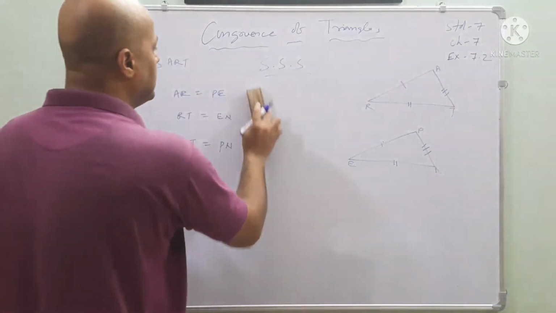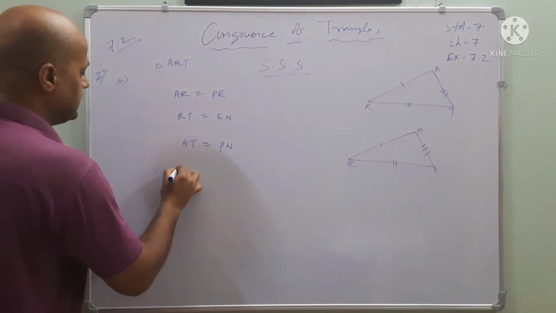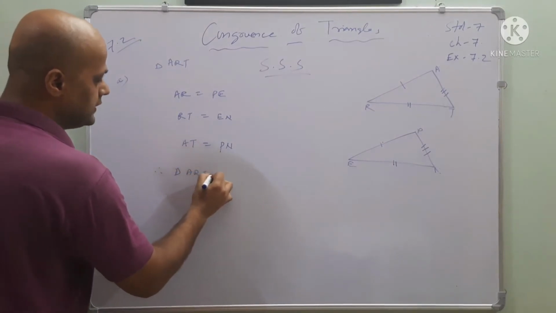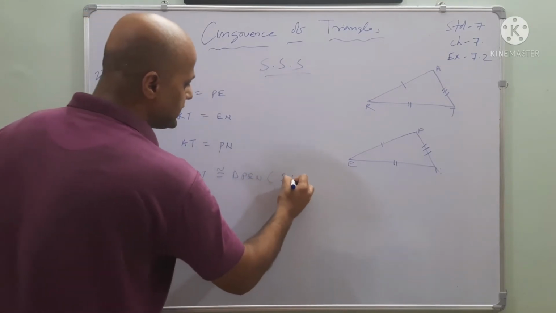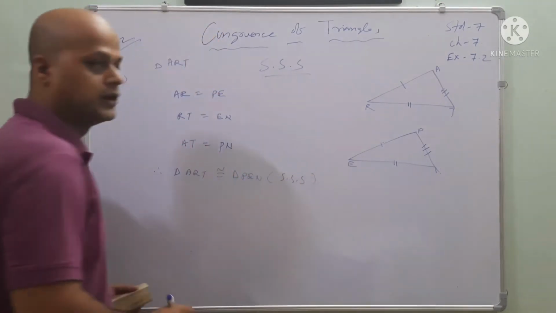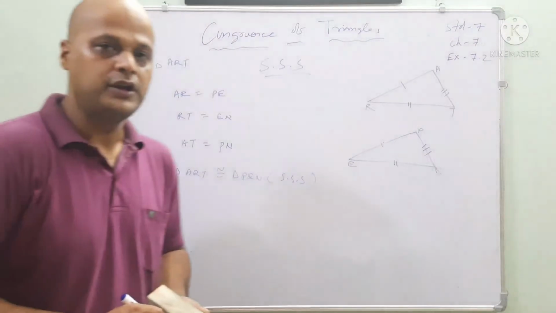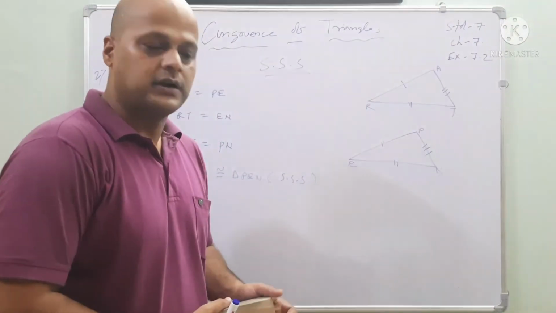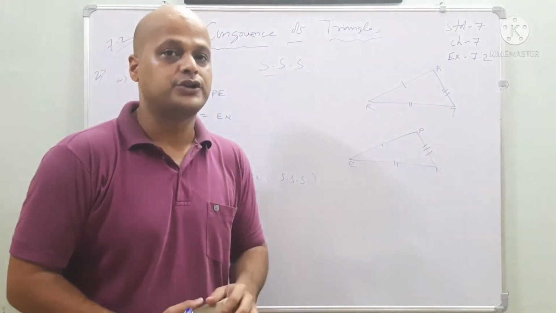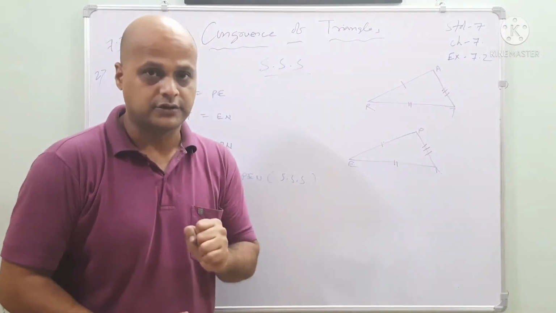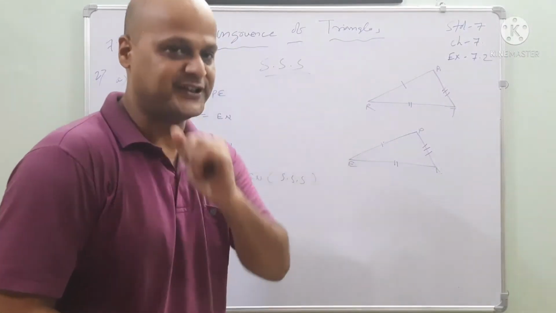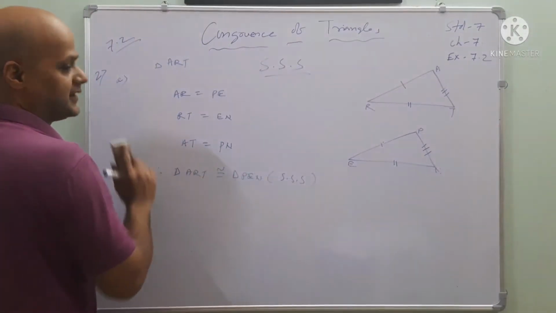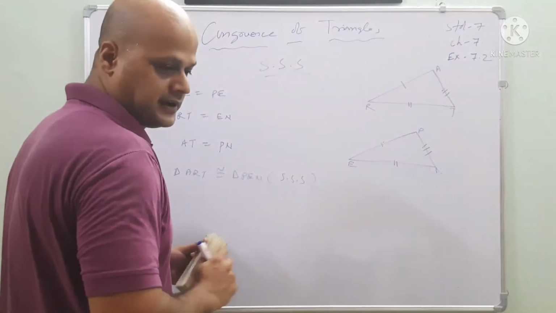You have to write: therefore, triangle ART is congruent to triangle PEN by SSS criterion. Understood? In this manner you have to solve. The rest of the two points you can try by yourself, my dear friends, or I will do. Let's discuss another one. Go for C.